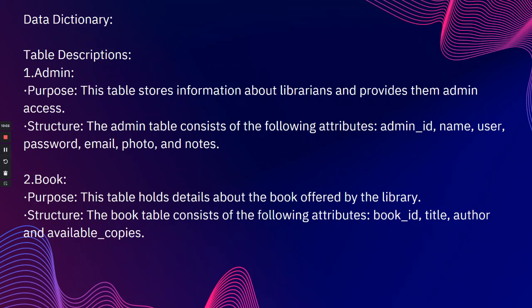Second is book. Purpose: this table holds details about the books offered by the library. Structure: the book table consists of the following attributes: book ID, title, author, and available copies.